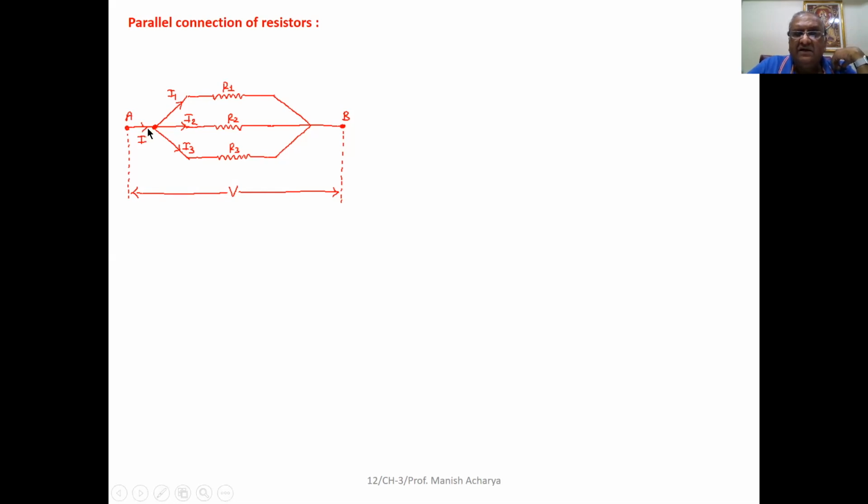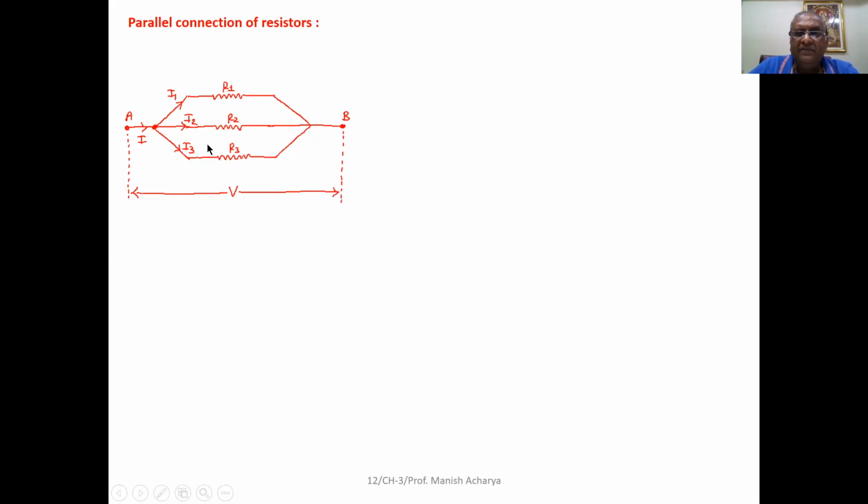So when this current I reaches this junction, it will be divided into three parts. Suppose I1 current is flowing through resistor R1, I2 current is flowing through resistor R2, and I3 current is flowing through resistor R3. And when all these three currents reach here and come out from this connection, then again the total current will be I.